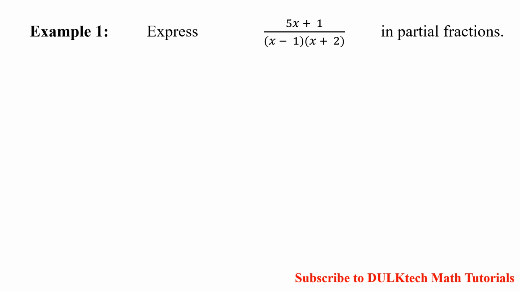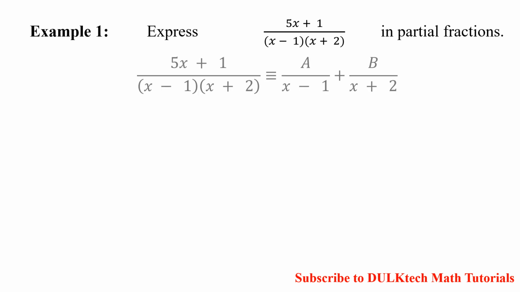So we're going to rewrite this fraction, and we want it to be identical to the sum of these fractions, where this A is representing an unknown numerator of this denominator. This B as well is representing an unknown numerator of this factor x plus 2, like this.